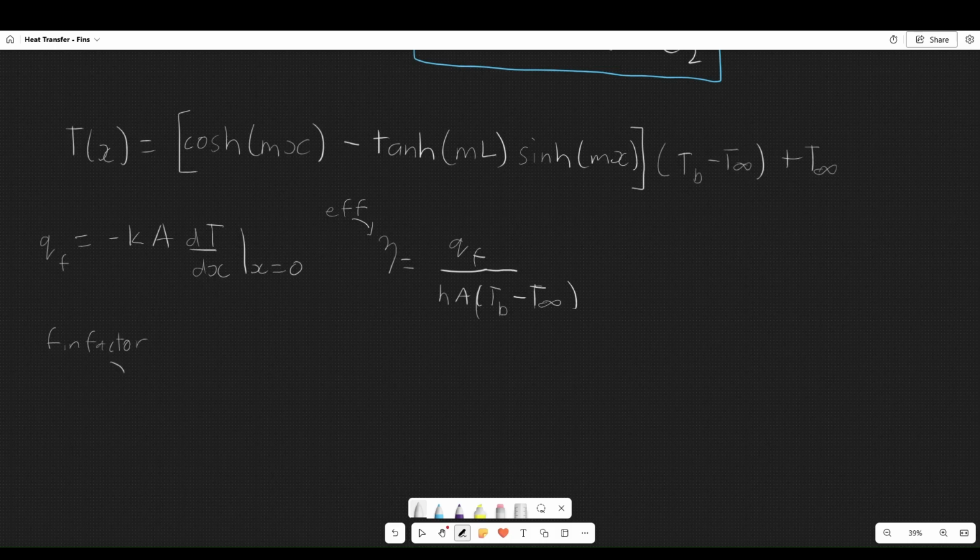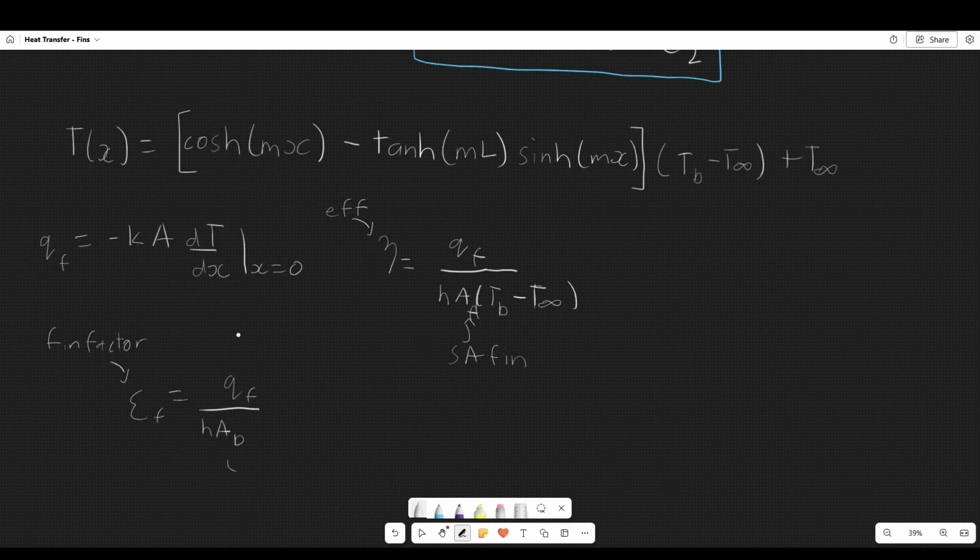There's also a fin factor, which is denoted by epsilon. So we have epsilon_f, and that equals the heat flux divided by the heat flux through the base. Here, I should denote this A as the surface area of the fin.